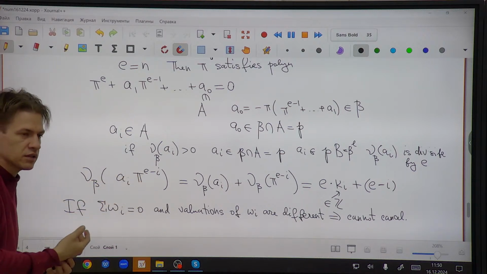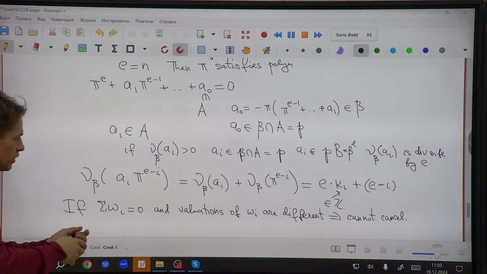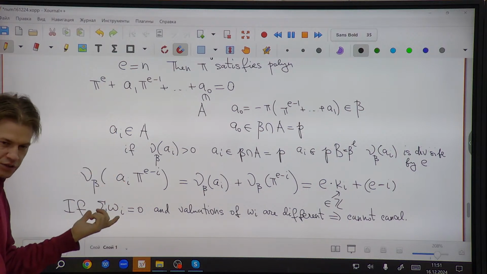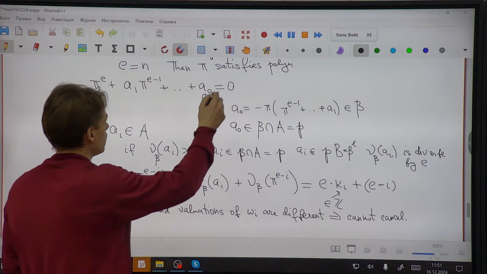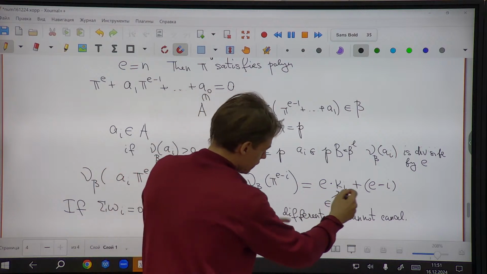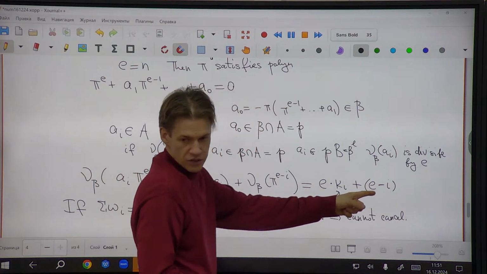So the valuation of the sum will be precisely the minimal valuation, which is non-zero. So you see that this valuation is at least larger than E.